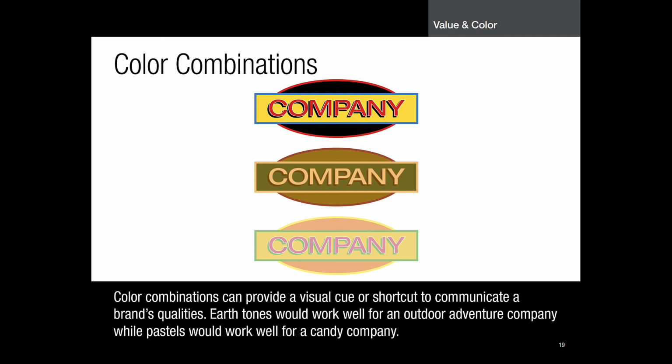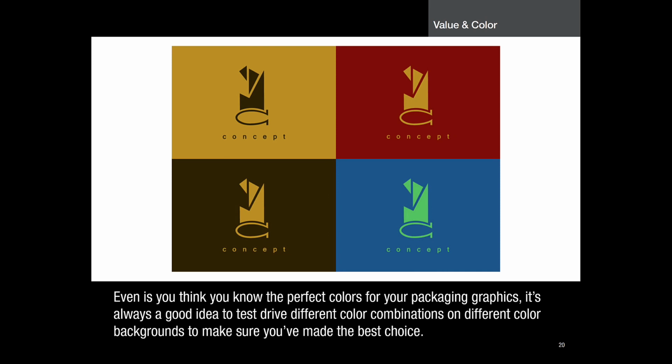It's in kind of those pastel candy colors. If I was to tell you one of these logos was for an outdoor company like REI or something geared towards outdoor adventure or camping, you would probably think it was the center one because of the earth tones and the more natural colors. So understanding how these color combinations can play into perceptions of your brand is important.